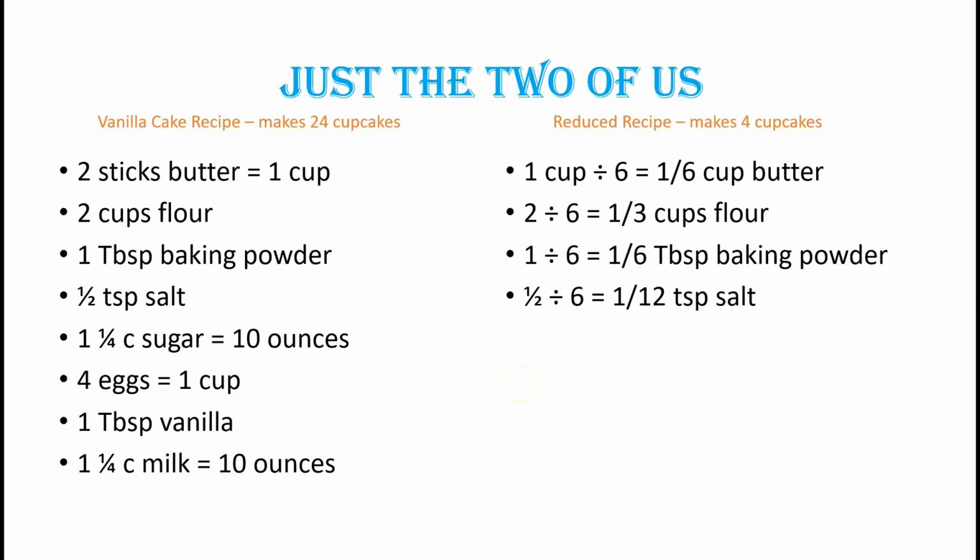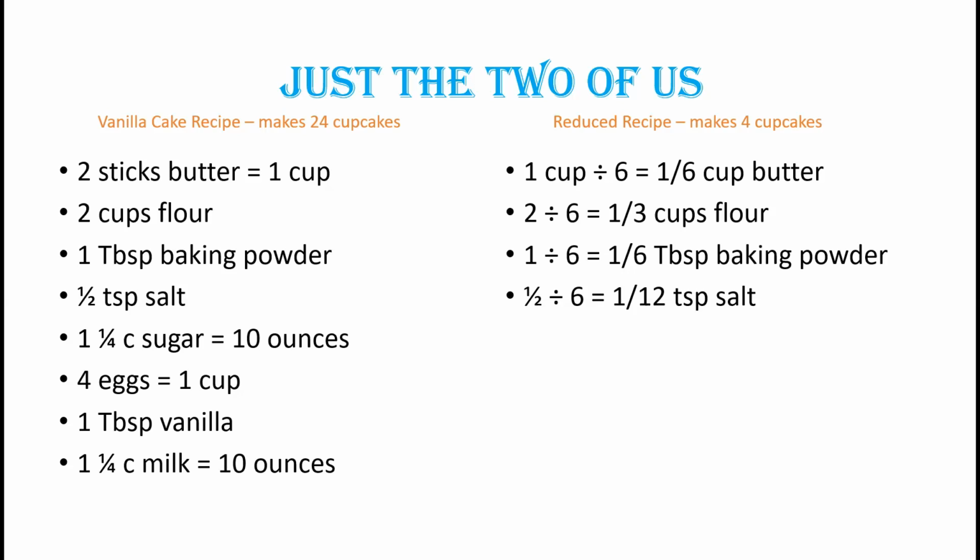That's just really a pinch of salt. But that's okay. Now, 1 1/4 cup of sugar. Now, I could try to divide 1 1/4 cups by 6, and I'll get some weird thing like 5/24. But, okay, I don't really have a 24th of a cup kind of measurement. So what I did was I looked at it and I said, well, 1 cup is 8 ounces.